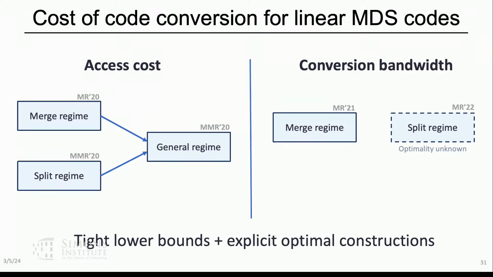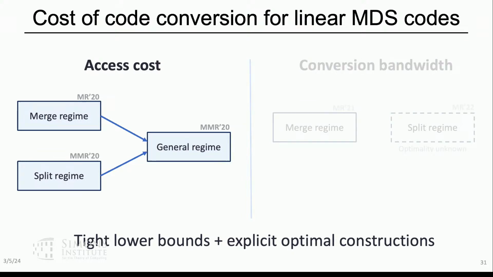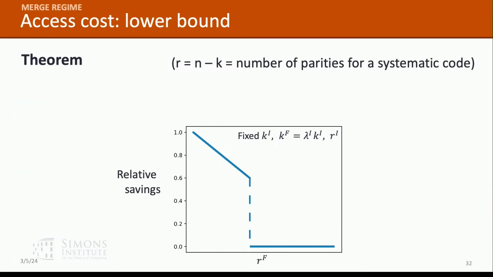On the split regime, tight lower bounds are not there, so its optimalities are not known, but there are some constructions. In the interest of time, I'll not be able to cover all of these things, but I'll just give a flavor of both sides because they have kind of different sets of results and different techniques. Just at a very high level, I'll just highlight merge on both of them.